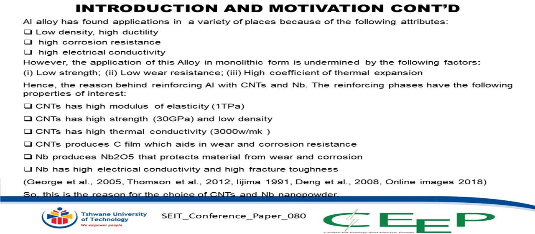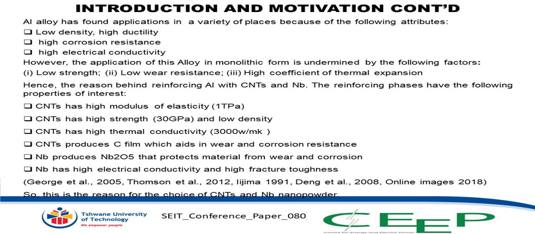The reasons for the choice of these reinforcing phases include the following. Carbon nanotube has a high modulus of elasticity of up to 1 terapascal. It has high strength of up to 30 gigapascal. It has very low density. Carbon nanotube has high thermal conductivity of up to 3000 watts per meter Kelvin. Carbon nanotube produces carbon film, which aids in wear and corrosion resistances.